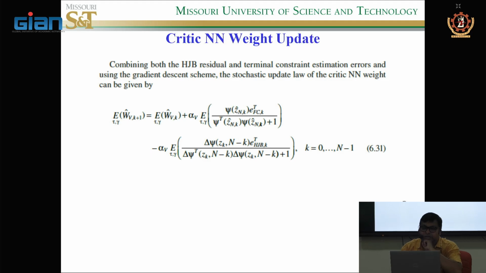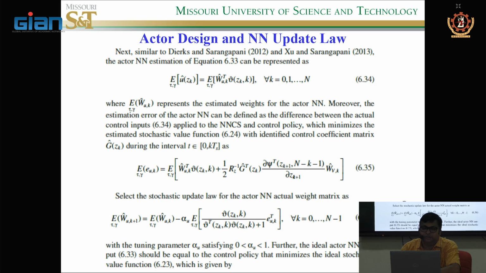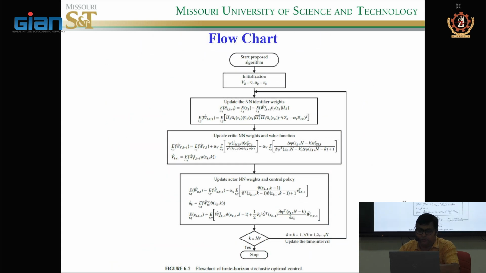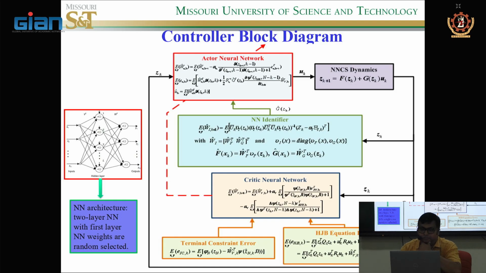So this is the critique NN weight update, the actor design, and corresponding NN update law, and this is the flowchart ultimately for finite horizon stochastic optimal control. So here at least you will have the idea of the overall control system.